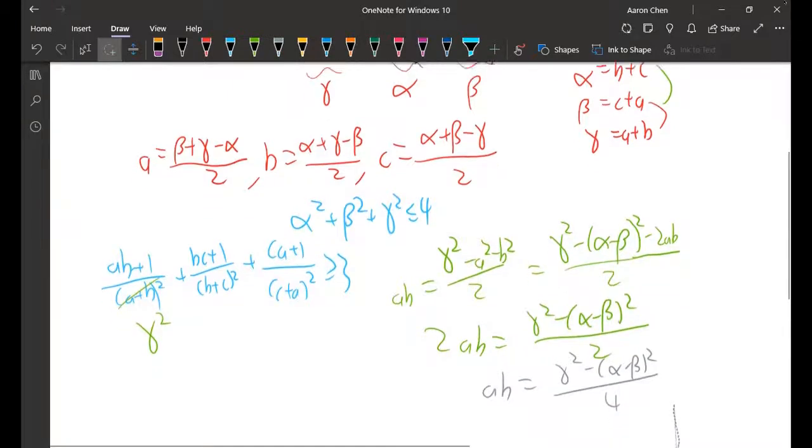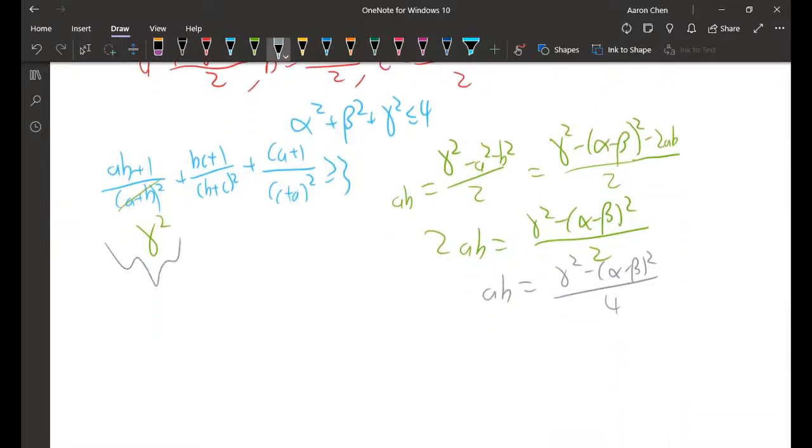So this term is equal to gamma squared minus alpha minus beta squared over 4 plus 1 over gamma squared, which is equal to gamma squared minus alpha minus beta squared plus 4 divided by 4 gamma squared.